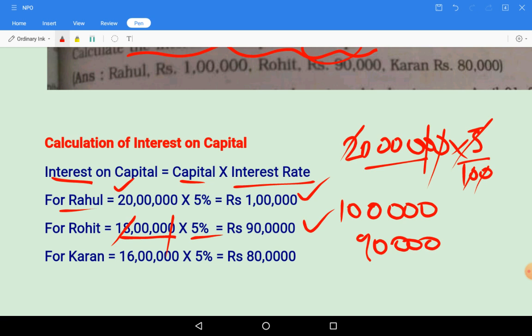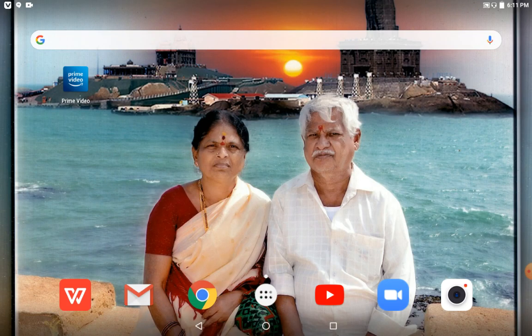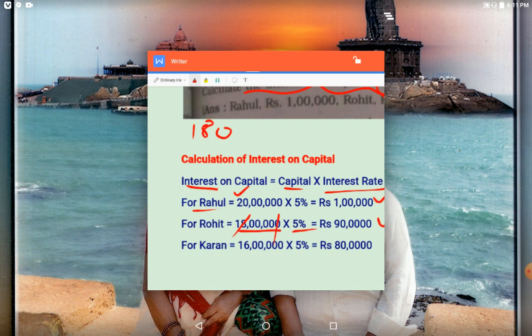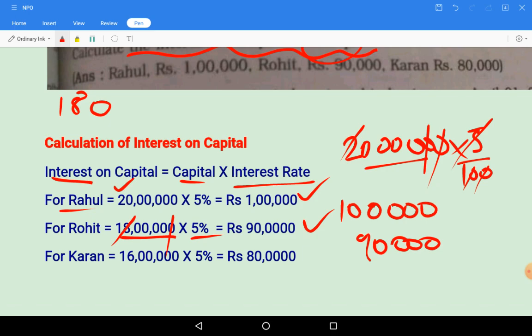Right, I'll do it in your old fashion itself. What is your capital? Capital is 18 lakhs. 18 lakhs into 5 by 100, this is what 5% means.